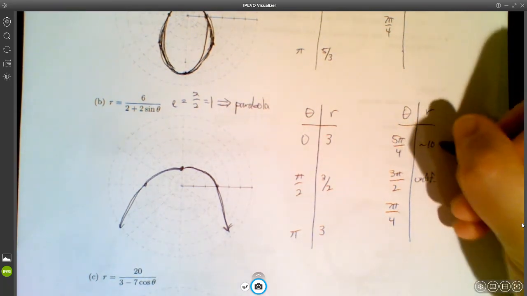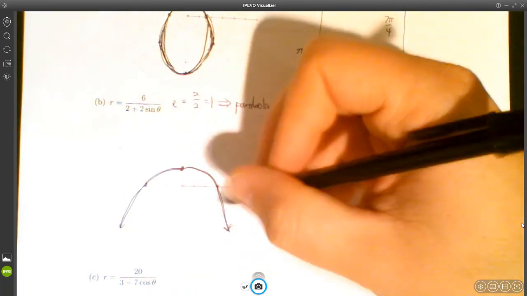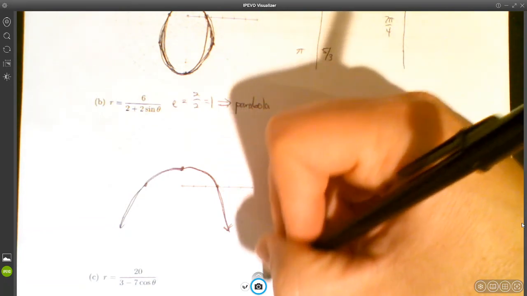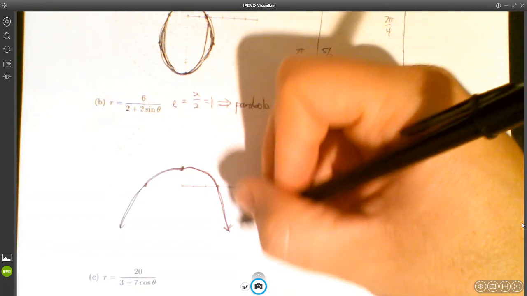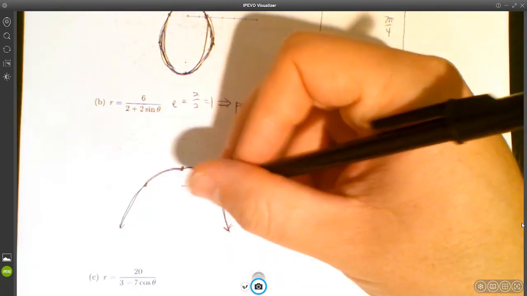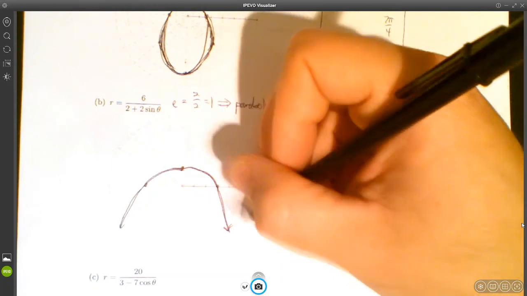Oh, that's off the charts! So at 5 pi over 4, I'm at like 1, 2, 3, 4, 5, 6, 7, 8, 9, 10. So I'm way out here. So it opens wider than the way that I drew it, because it's going to come way out over here. Maybe another good thing to plug in would be 11 pi over 6, right?